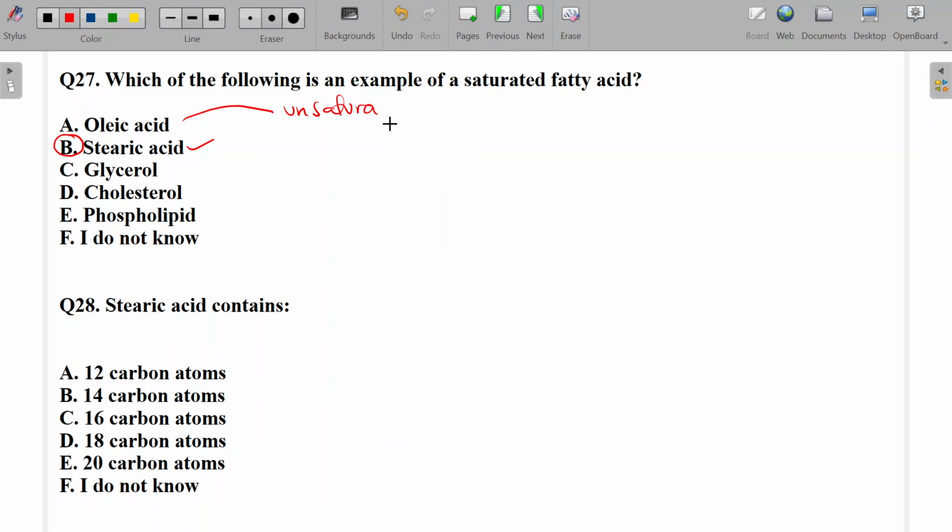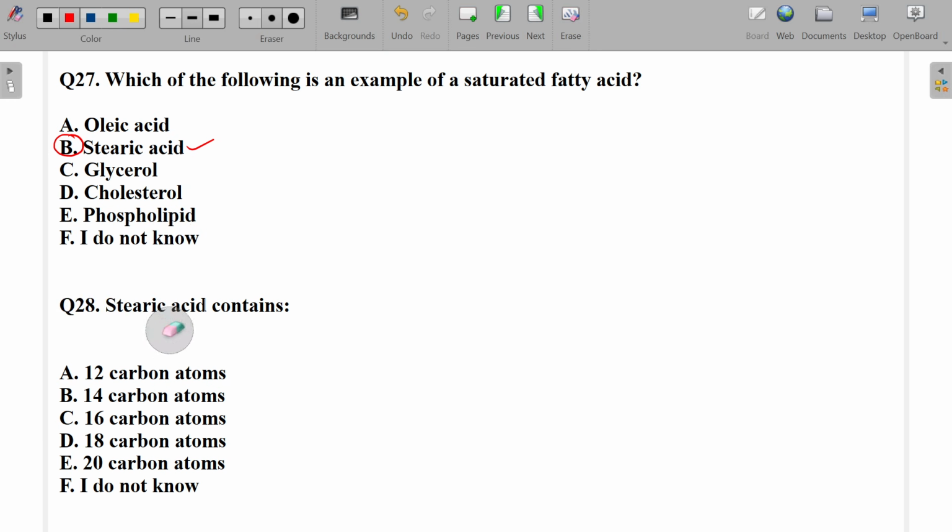So if we come across such a question again, for unsaturated it is oleic. Between the two, oleic and stearic acid, which one is liquid at room temperature and which one is solid? Liquid is oleic. Stearic is solid. Wonderful, correct.